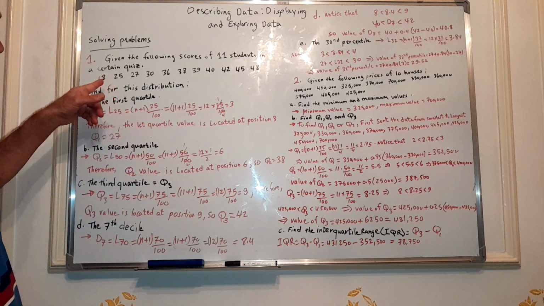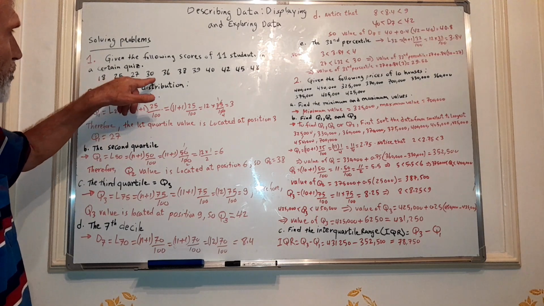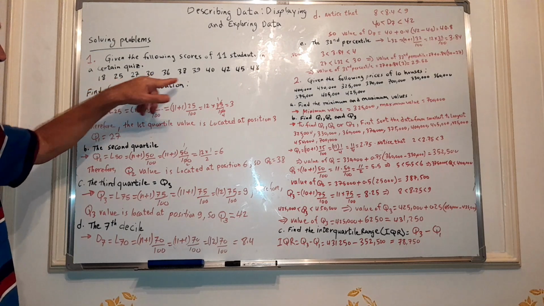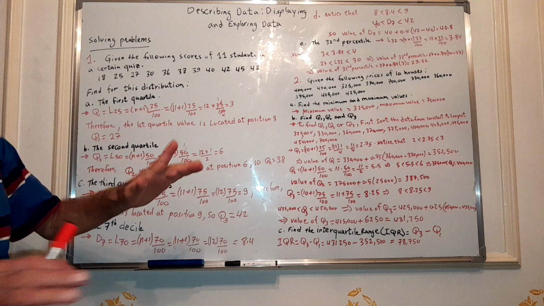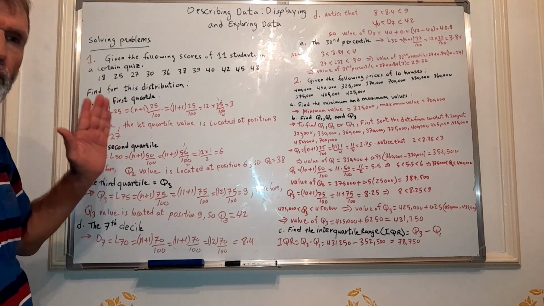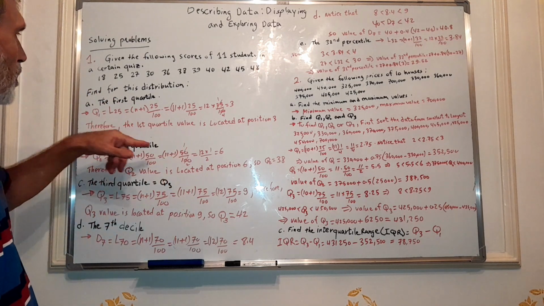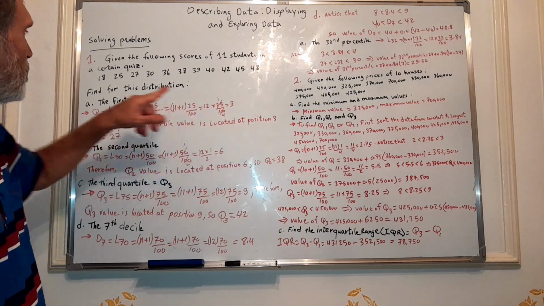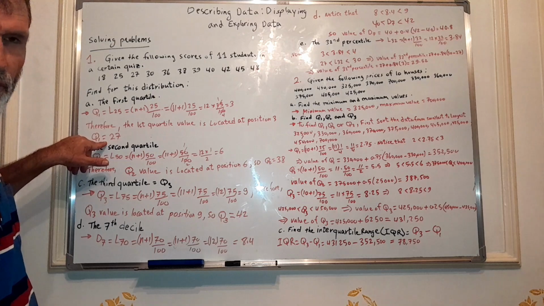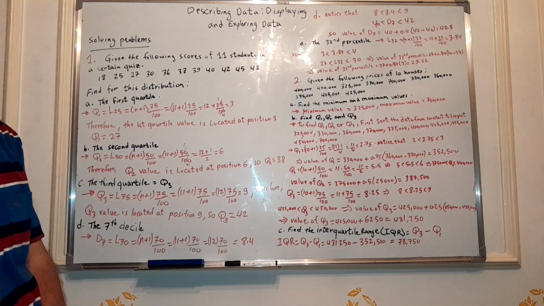The data is already stated from smallest to largest, so there is no need to sort it. Here we're talking about the third position. So 1, 2, 3, it's 27. So the value of Q1 is 27.